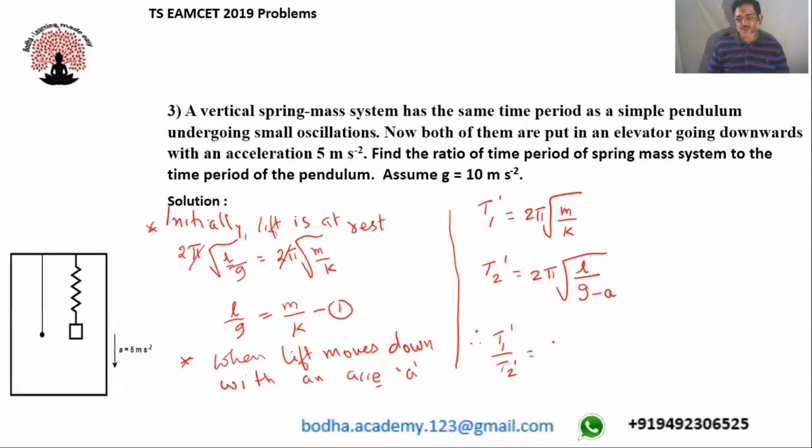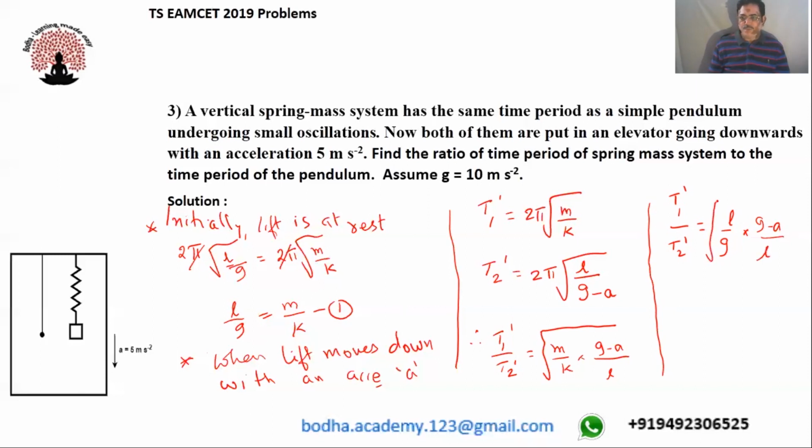If you simplify, 2π cancel, and you'll get √((m/k)·(g − a)/L). Now m/k we got as L/g, equation 1, so I replace m/k with L/g: √((L/g)·(g − a)/L). L cancels in numerator and denominator. That equals the square root of (10 − 5)/10, since g is given as 10 and a as 5.